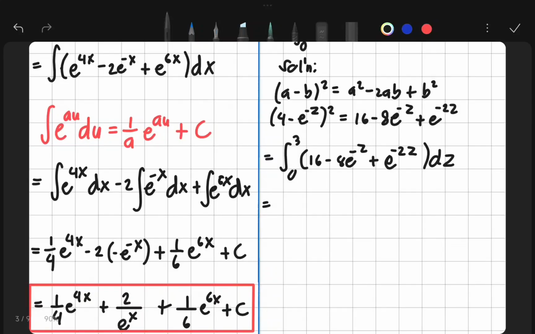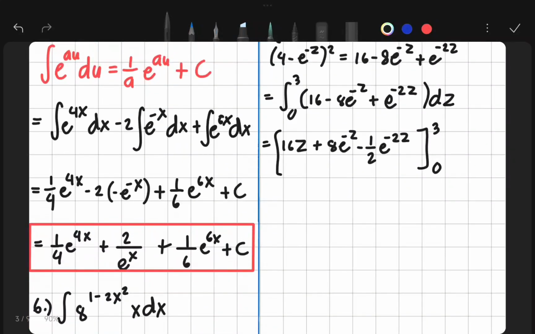So this will become 16z plus 8 e raised to negative z, and then this will become negative 1/2 e raised to negative 2z, evaluated from 0 to 3.